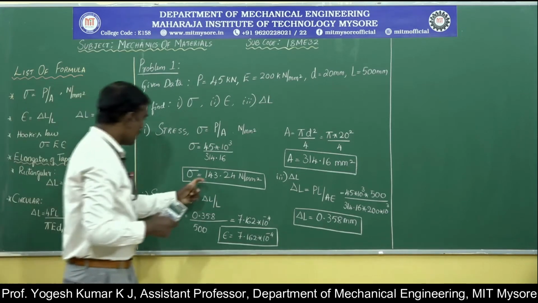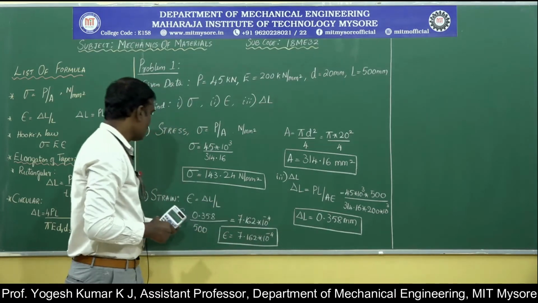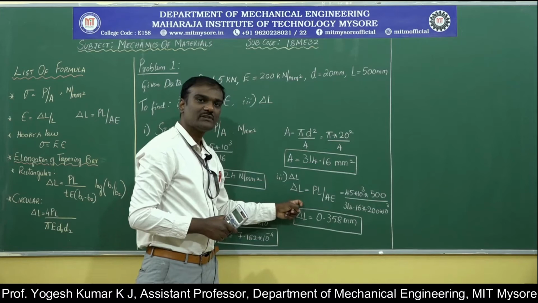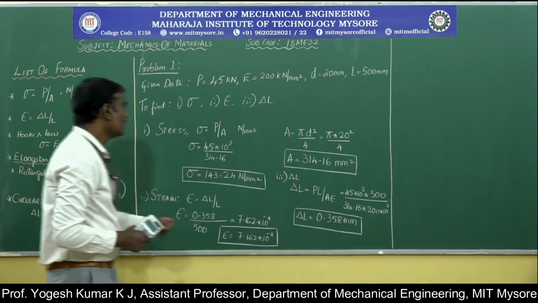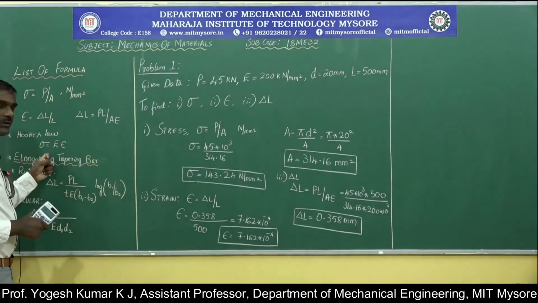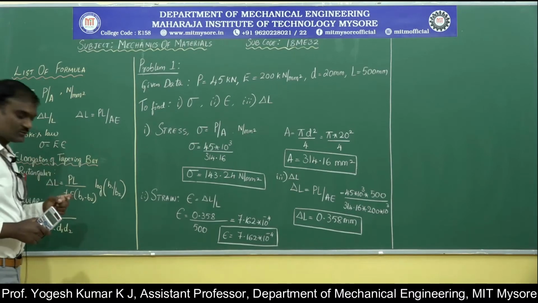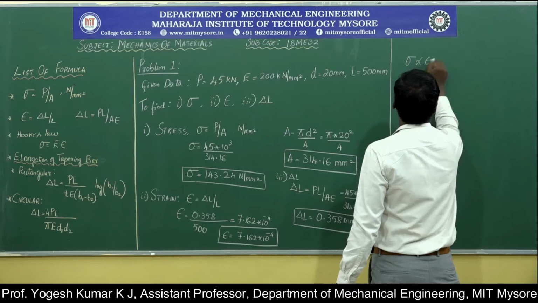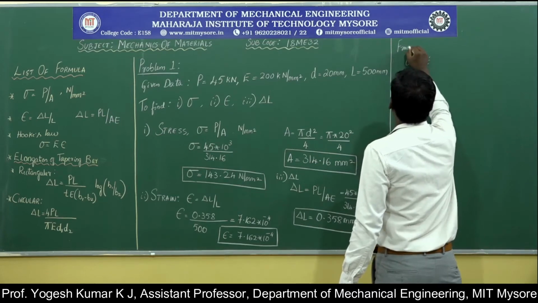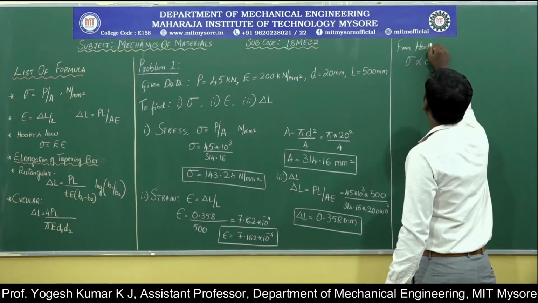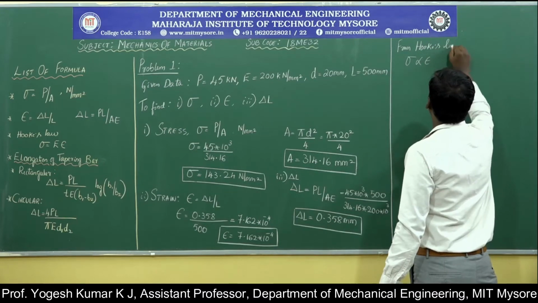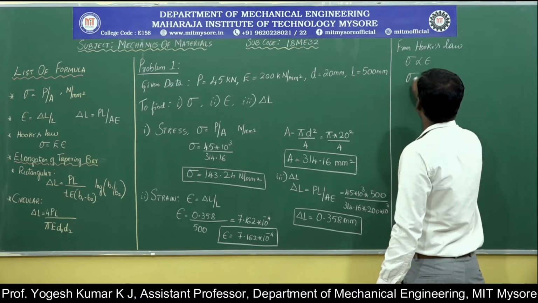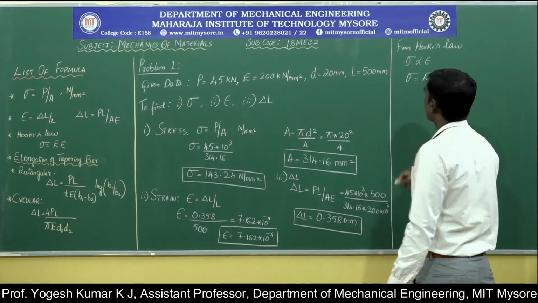Now I will show you how to calculate the strain without using the expression of delta L. We know a law called Hooke's law. Hooke's law says stress is directly proportional to strain, and this happens well within the elastic limit. So we have sigma equals E into epsilon.